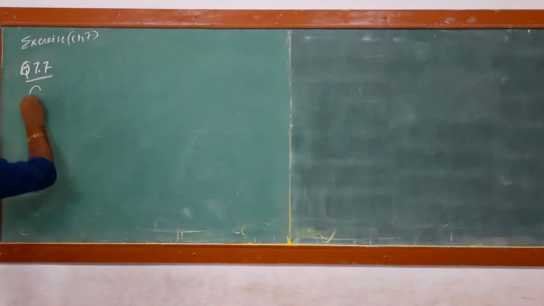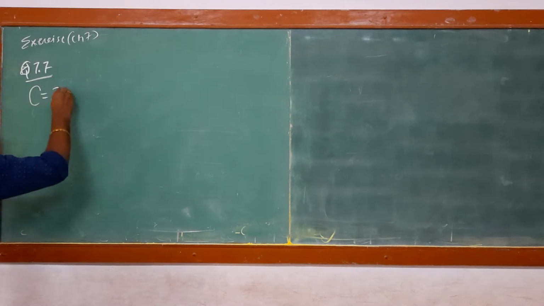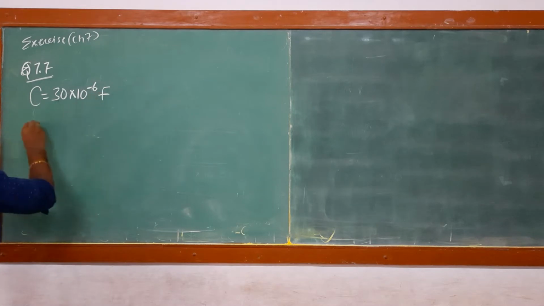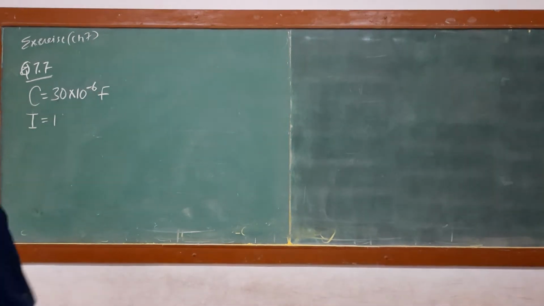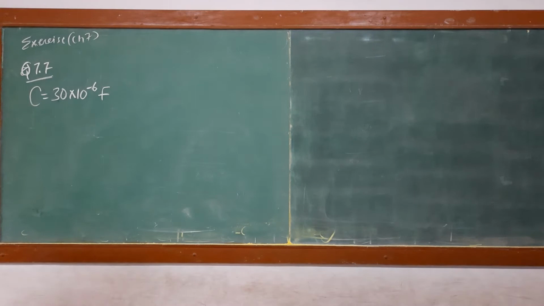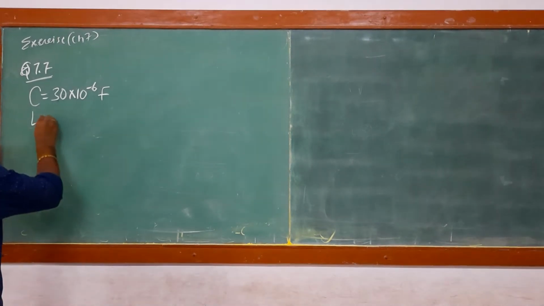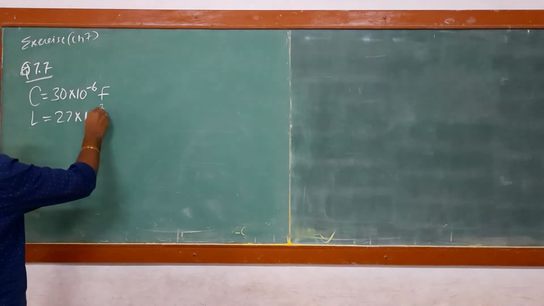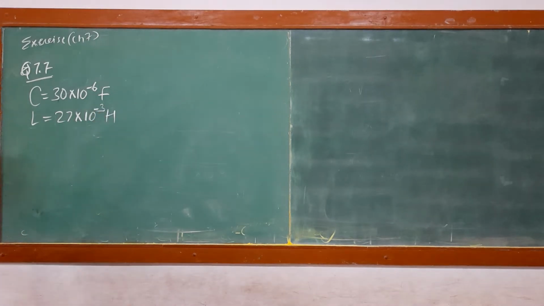Means the capacitance is 30 into 10 raised to minus 6 farad. Inductor is 27 millihenry. Inductance L is 27 into 10 raised to minus 3.